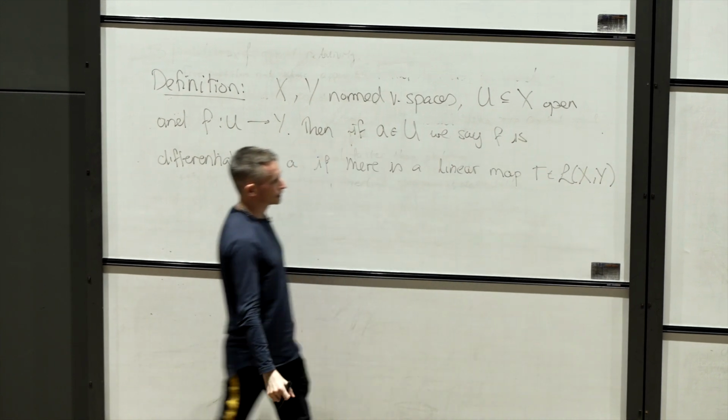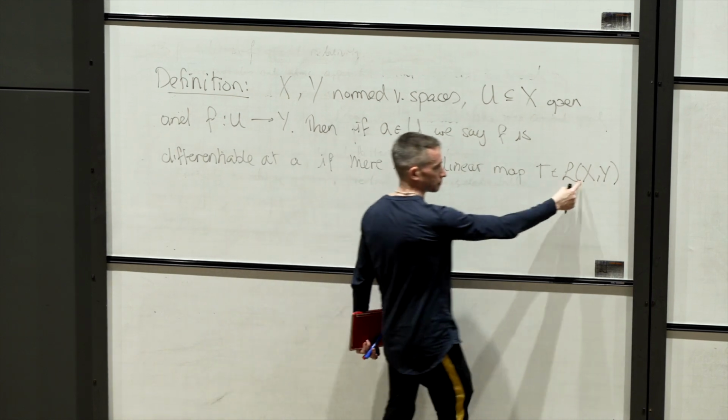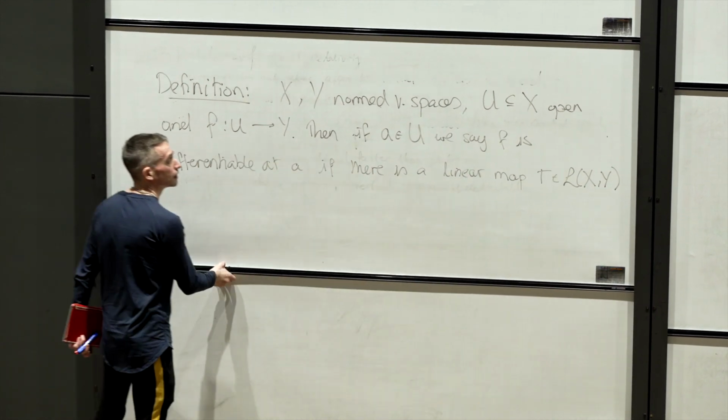I'll use this calligraphic L to denote the space of linear maps between two normed vector spaces.